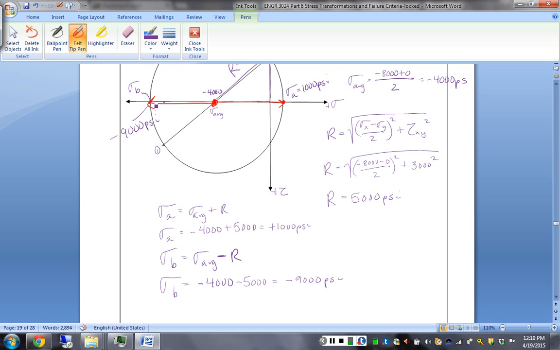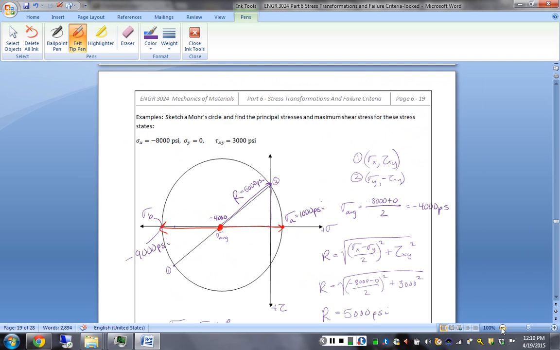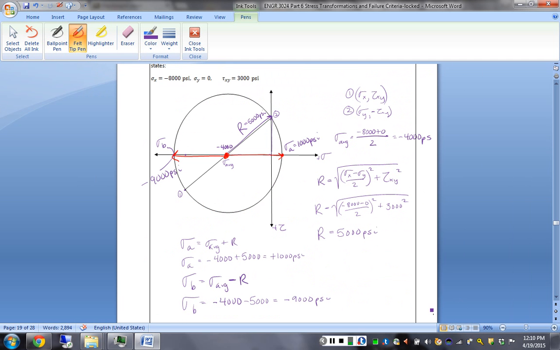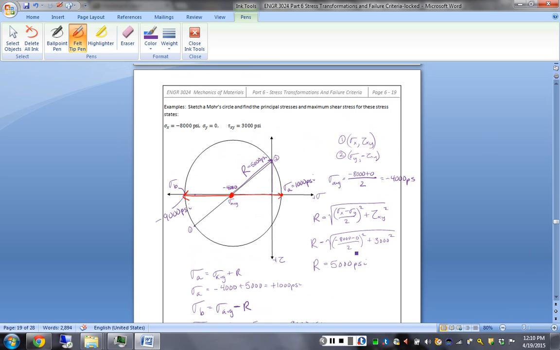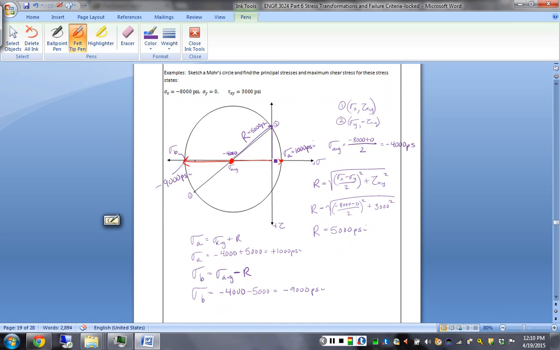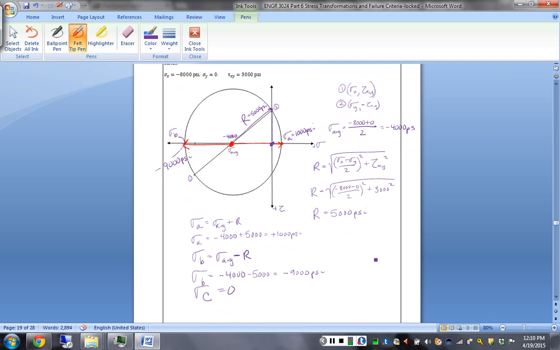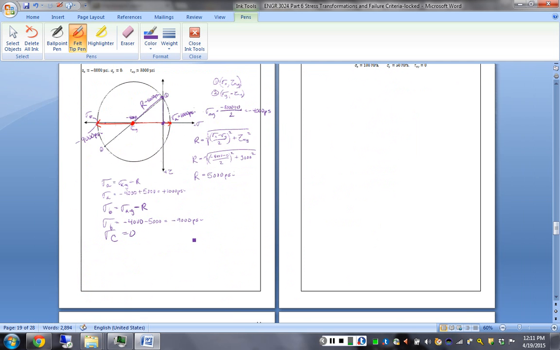Now, to figure out our maximum shear stress, we need to remember that for the plane stress states that we're going to deal with in here, our sigma C is always 0. Sigma C equals 0. You then take sigma A, B, and C and reorder them in value order.